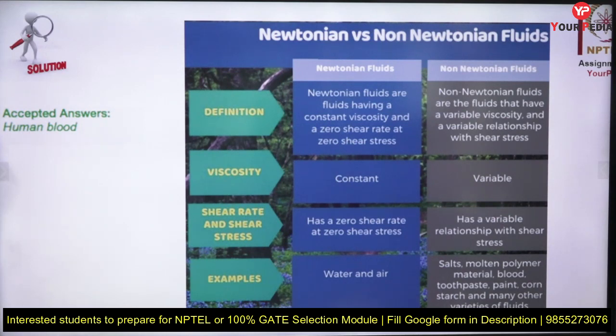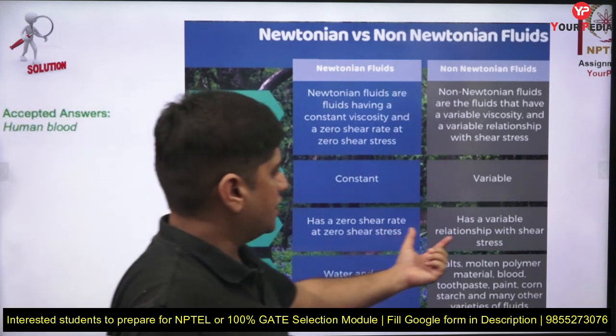So what are Newtonian fluids? Having constant viscosity and a zero shear rate at zero shear stress. Non-Newtonians have variable viscosity, their viscosity is not constant, and a variable relationship with shear stress. Viscosity is constant in Newtonian. So shear rate is zero at zero shear stress, while non-Newtonian has a variable relationship between shear stresses and shear rates.